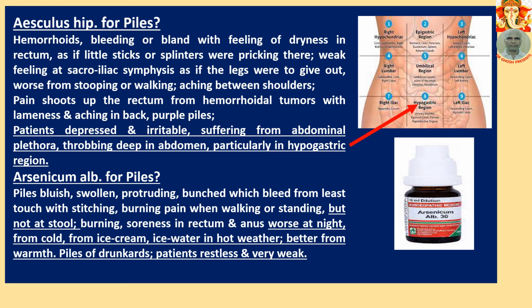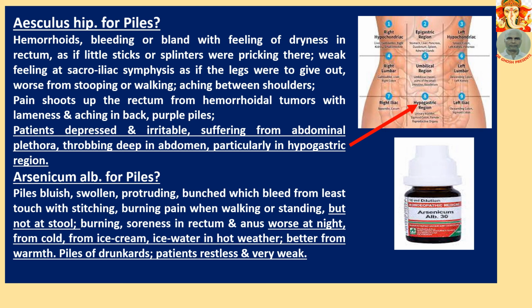Arsenicum album for piles. Piles bluish, swollen, protruding, bunched, which bleed from least touch with stitching, burning pain when walking or standing, but not at stool. Not during stool, but when walking or standing. Burning. Soreness in rectum, worse at night, from cold, from ice water, ice cream in hot weather.